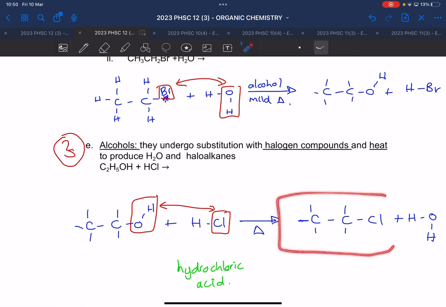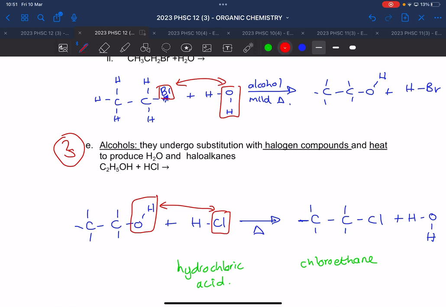Where's the alcohol? It's chloro. Ethane: eth because there's two carbons, ane because there's a single bond, chloro because there's a chloro. Then, what is the name of the inorganic product formed? And they actually love to ask that question as a type of trick question.